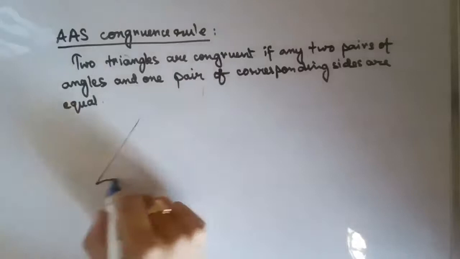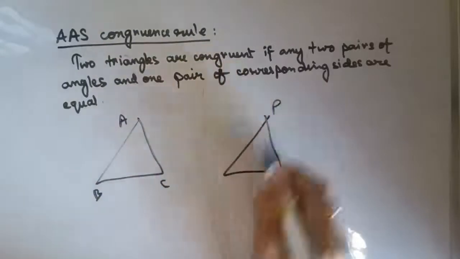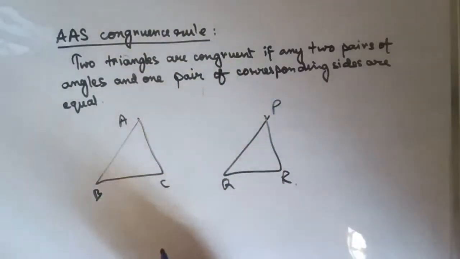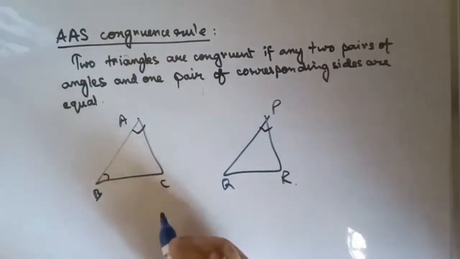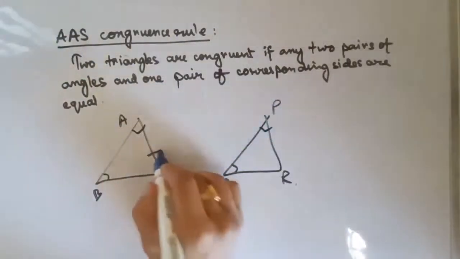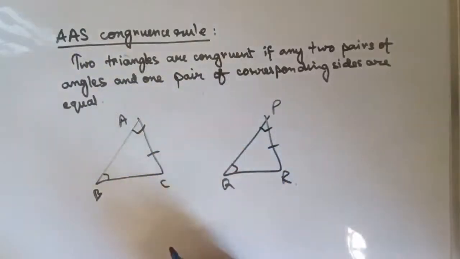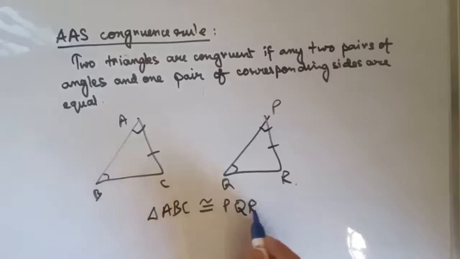For example, in these two triangles ABC and PQR, if any two pairs of angles, angle A is equal to angle P and angle B is equal to angle Q, and one pair of corresponding sides, let's say AC is equal to PR, then triangle ABC is congruent to triangle PQR. This rule is known as ASA Congruence Rule or angle-angle-side congruence rule.